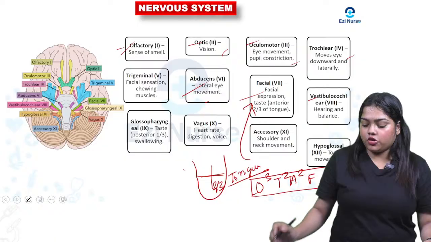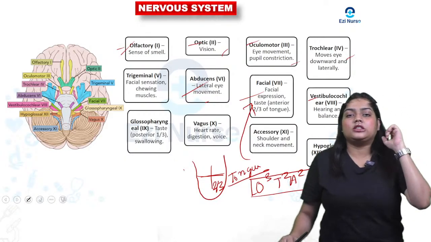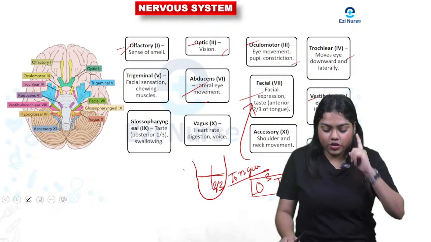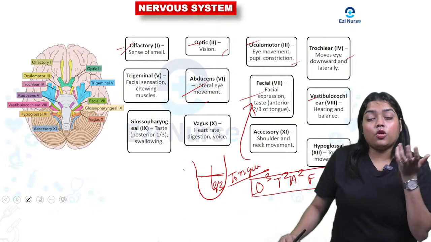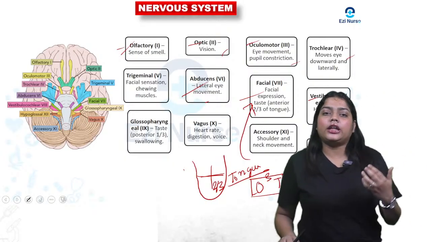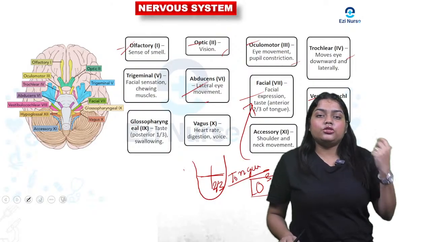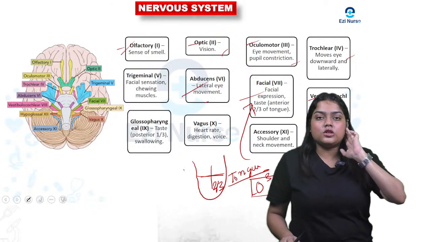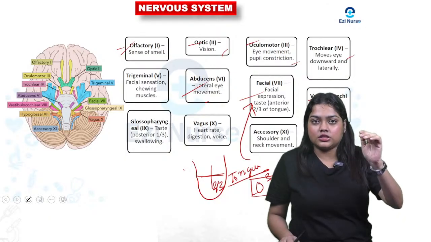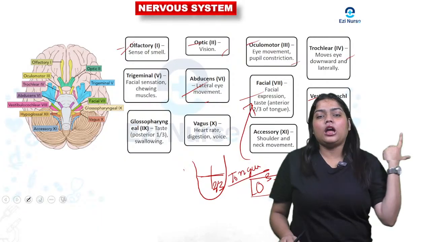Next is vestibulocochlear. Obviously everyone knows, it is present inside our ear. It not only helps in hearing, in the sense of how it passes the electrical impulse to the brain from the vibration of the bones, the stapes and all. It will get that and transfer it to the brain.